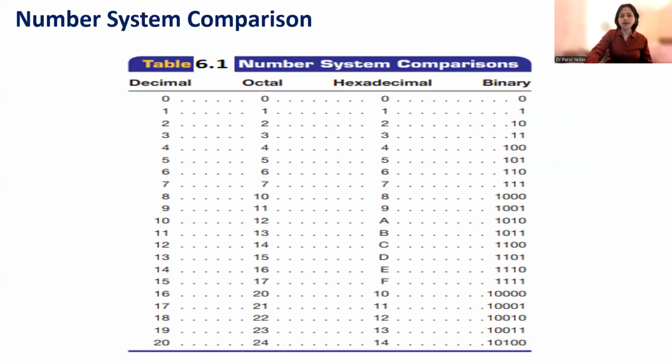And we can compare the number systems. Here I've compared the values for numbers from 0 to 20. For example, suppose this is 12 in decimal. It will be 14 in octal, C in hexadecimal, and this in the binary number system.